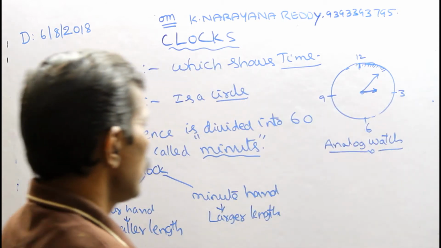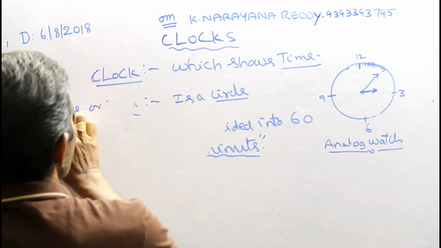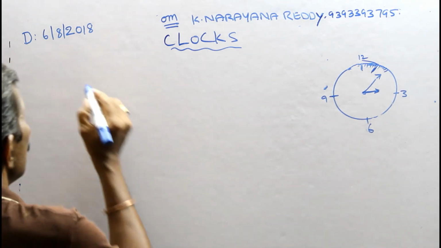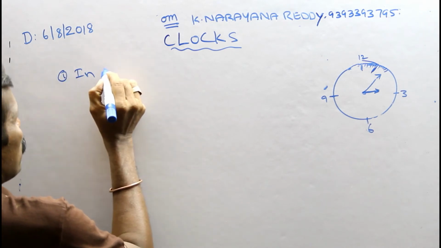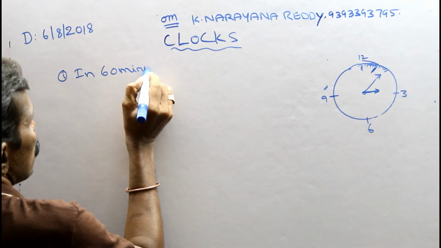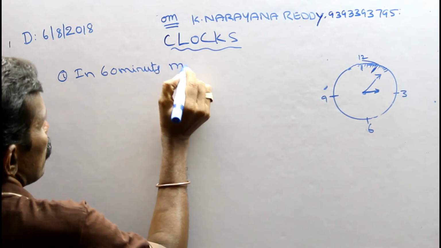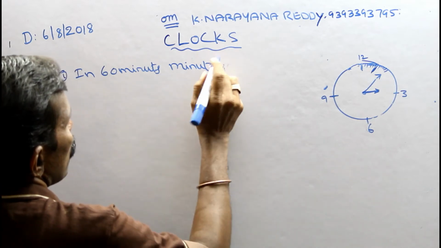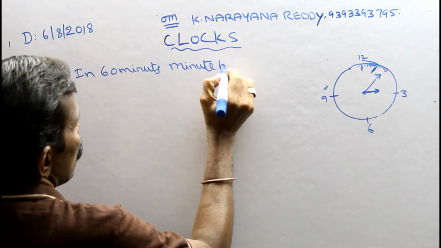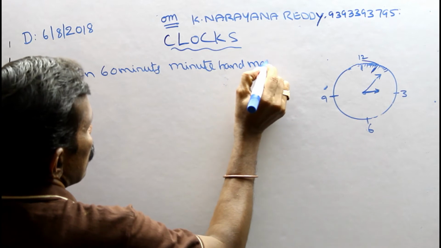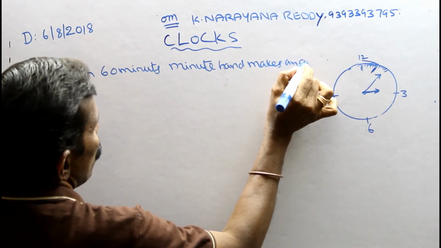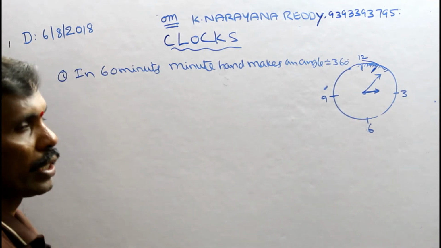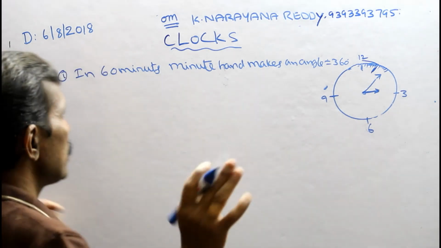Now, in 1 hour, that is 60 minutes, the minute hand makes an angle equal to 360 degrees.